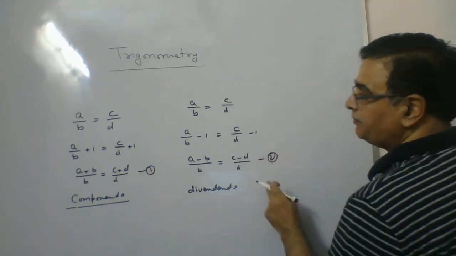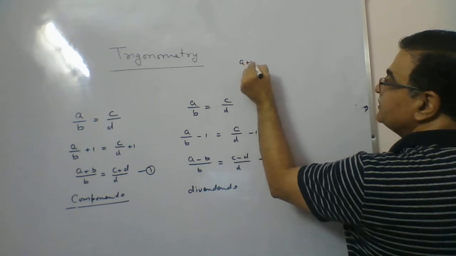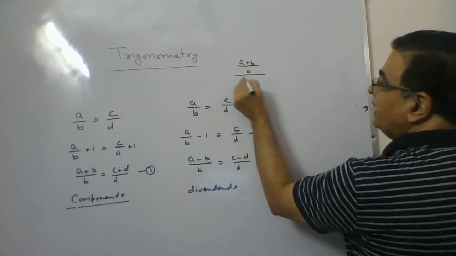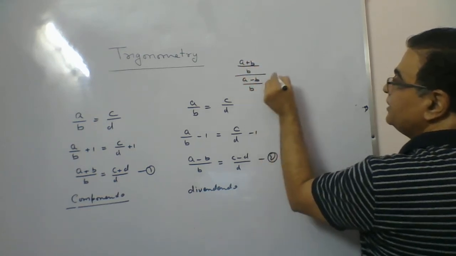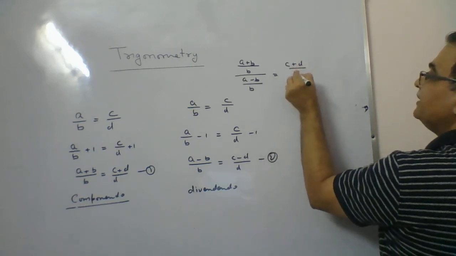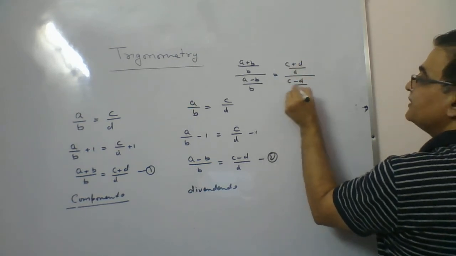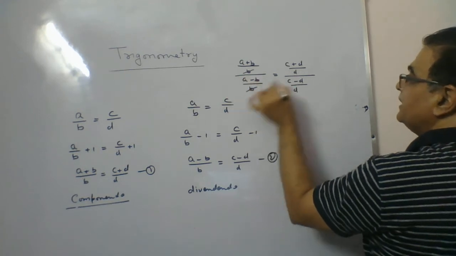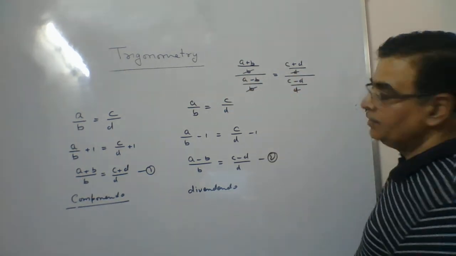If you divide this by this, I get A plus B by B and A minus B by B is C plus D by D by C minus D by D. B and B get cancelled out, D and D cancel out.